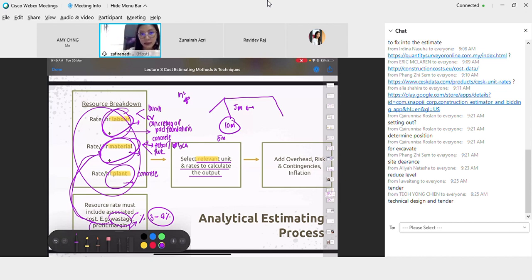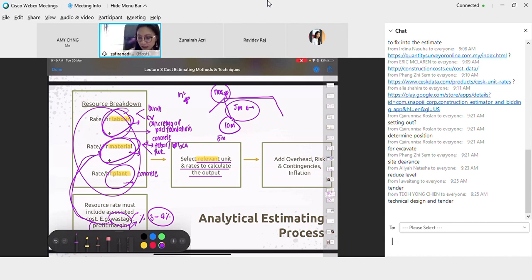Tapi kalau dekat analytical estimating process, macam steel truss tadi, kita guna numbers. Sebab that is the quotation yang dihantar, that is how it is. Walaupun kita bagi drawing berapa panjang dia, kita price dia ikut number sebab dia ada minimum, standard or minimum allocation untuk beli benda tu.